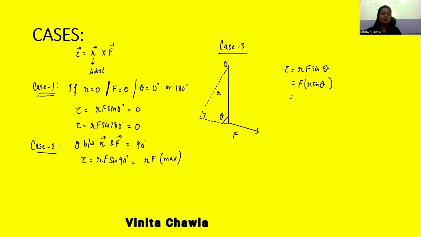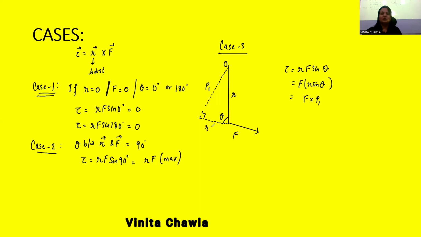Let this be O, and this length is P1. So what is R sine theta here? P1. F into P1. है ना, इसको समझ नहीं आया. ये R है ना, ये हाइपोटेनियस है, ये बेस है, ये 90 डिग्री, ये एंगल थीटा.